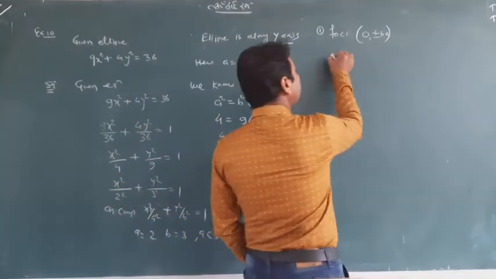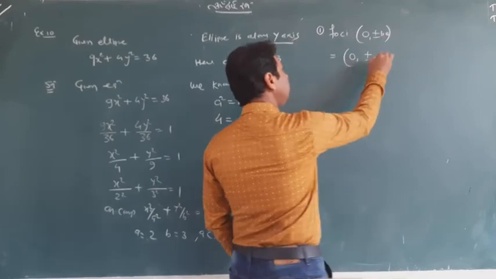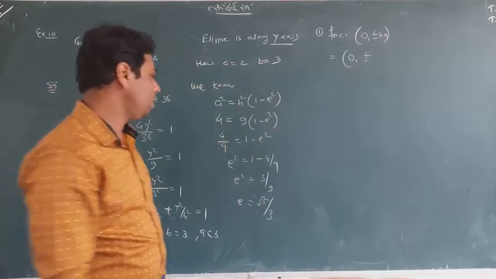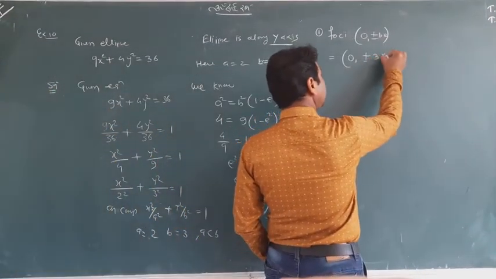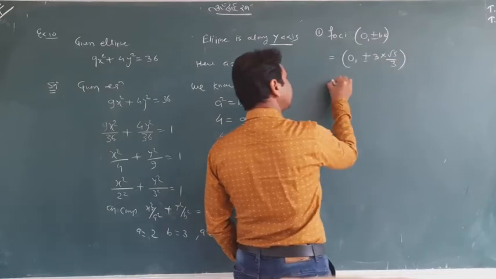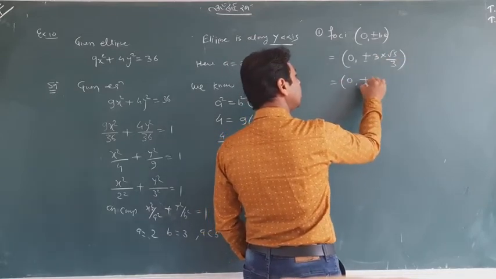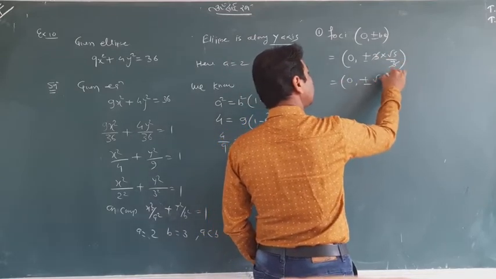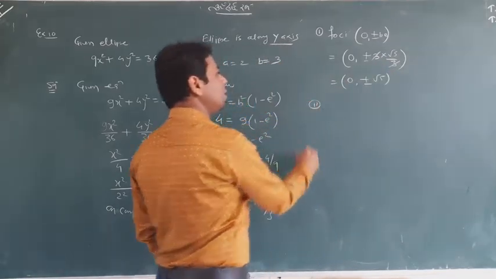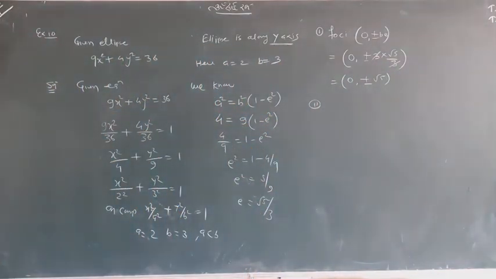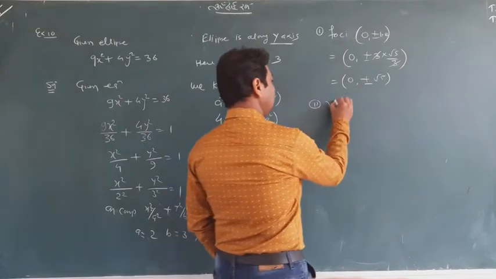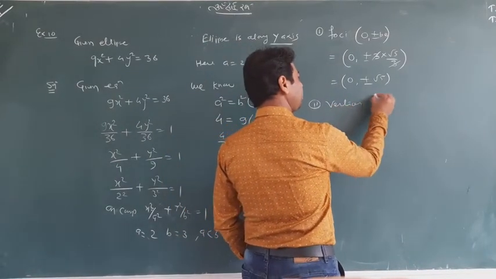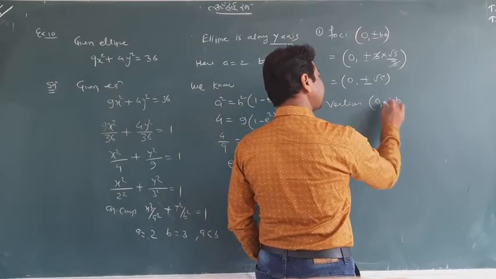So you only put in the values. B is 3, and e is root 5 by 3. You can cancel them, and the answer is root 5. This is the first answer, so we have got the foci. Now the vertex: it is 0 and plus minus b, as I taught you.